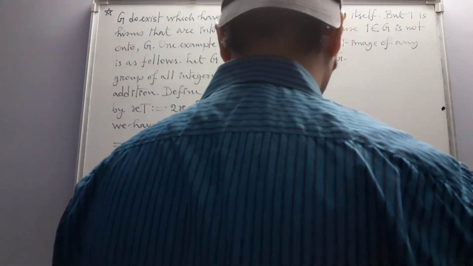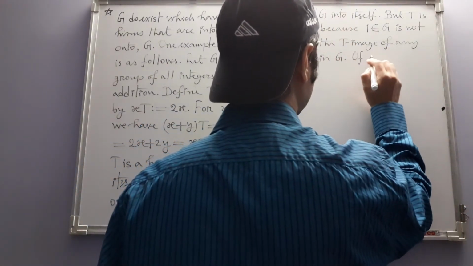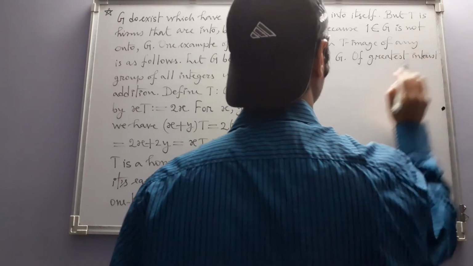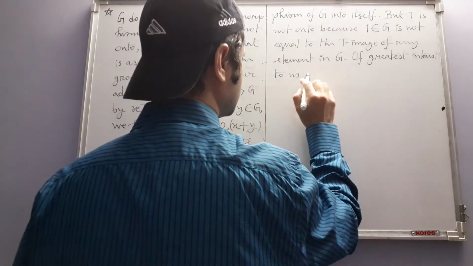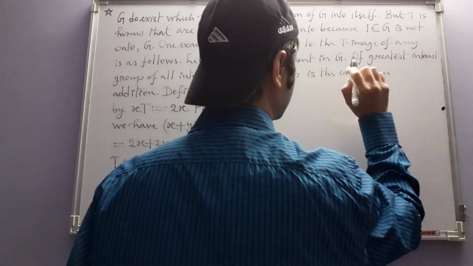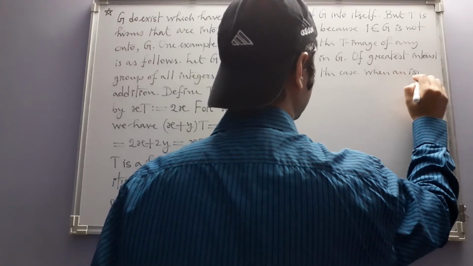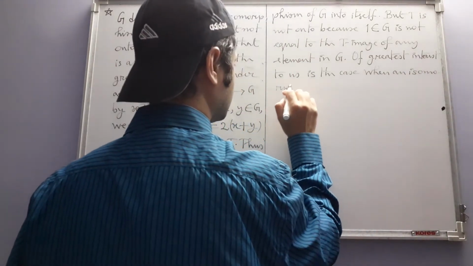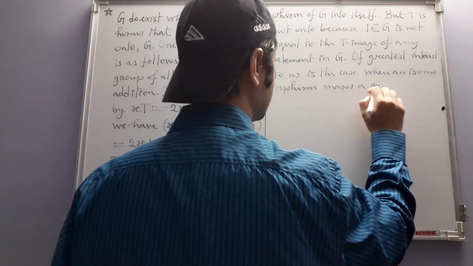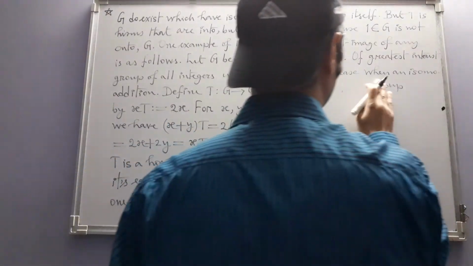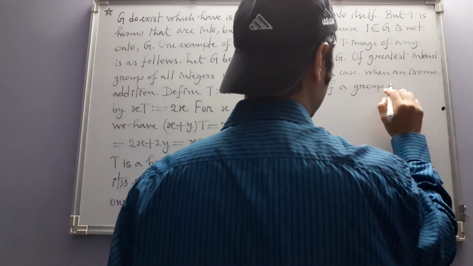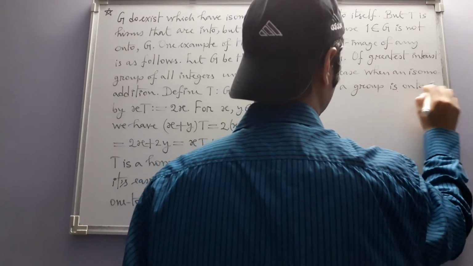Now, but what happens when they are onto? Of greatest interest to us is the case when an isomorphism of a group is onto the group.